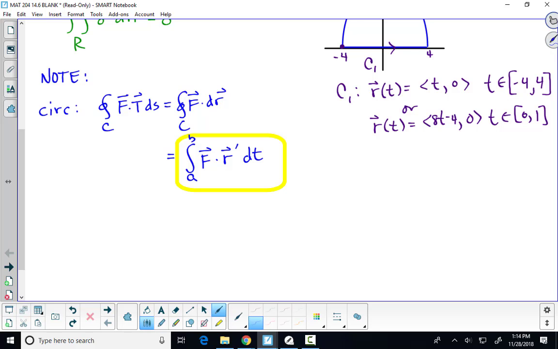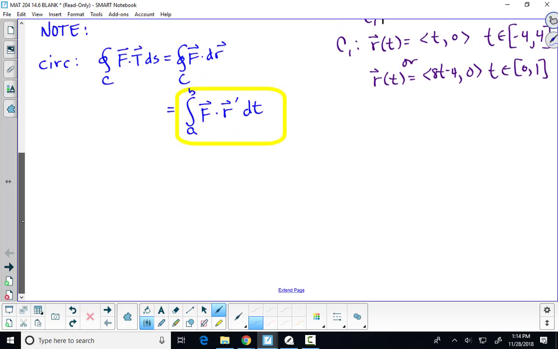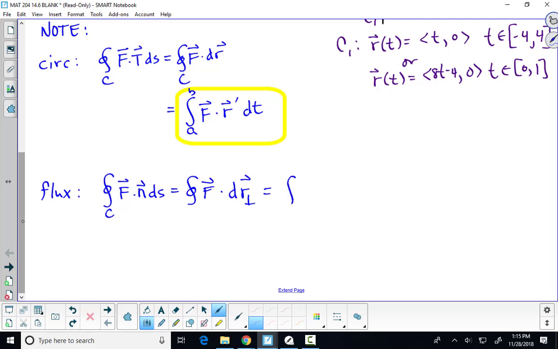Now this one's asking for flux, so the flux one is going to look a little different. Here we're adding up the normal components of the vector field. The book doesn't give you a shortcut version of this, but the way that we've been writing it, as our shortcut, not standard notational form, is to put the perp into the r prime part.